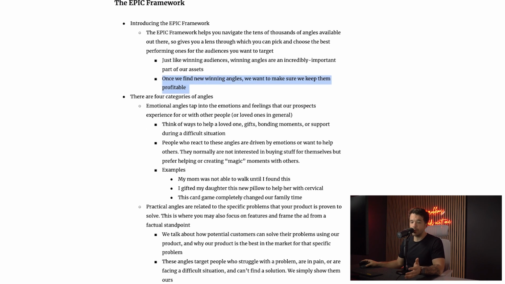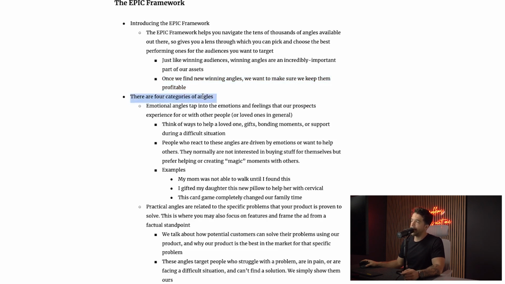As long as we create variations of those ads that are targeting a winning audience through a winning angle, that's absolutely good, and that's going to make our job much easier.